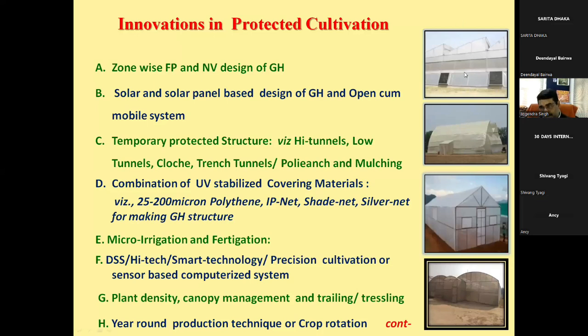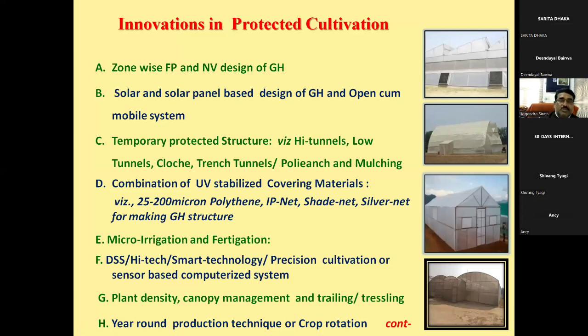These are for the whole country according to the need of the ecological condition: designs decided for hill conditions, for plain conditions, for coastal area conditions. Different areas and different designs can be used for year-round production technology of vegetables and others.